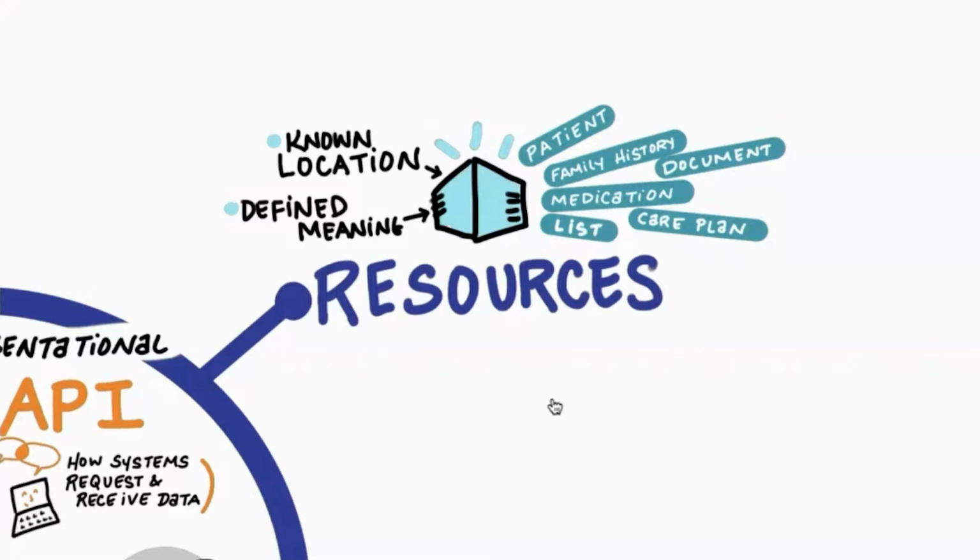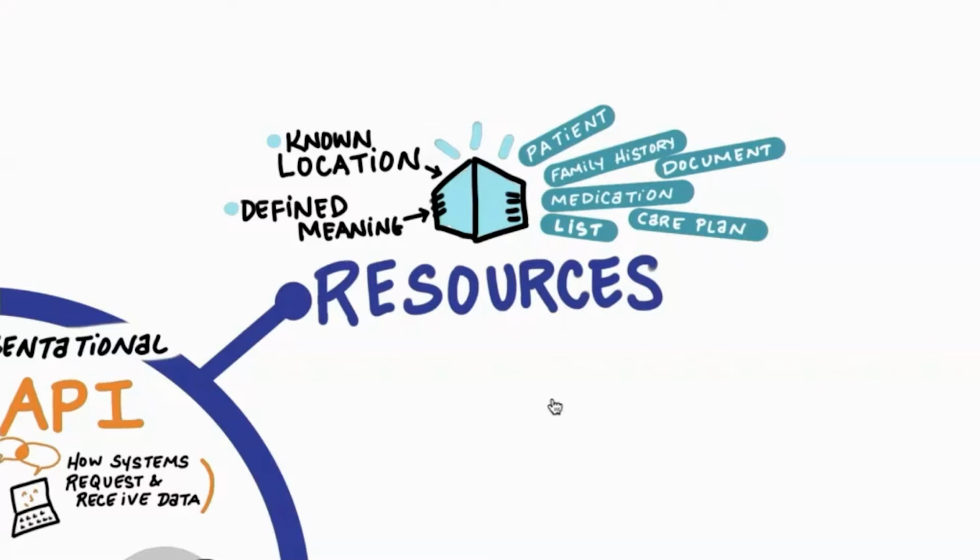So these are the idea of resources in a web technology sense. Those resources have a defined, a known location, that is that URL-like address. They have a defined meaning. That's what the FHIR specification is, which lays out the healthcare data model for those resources.